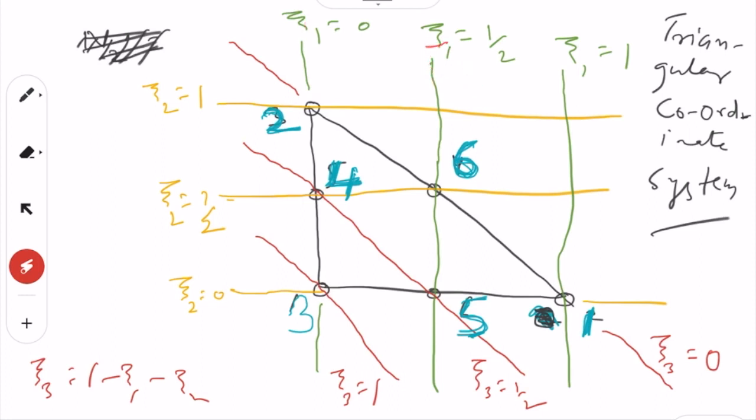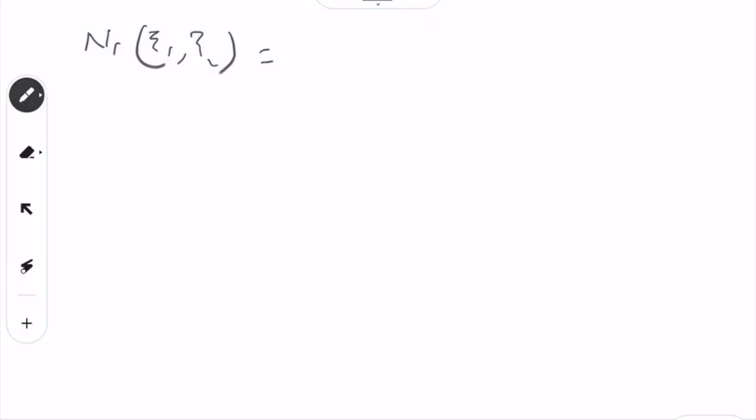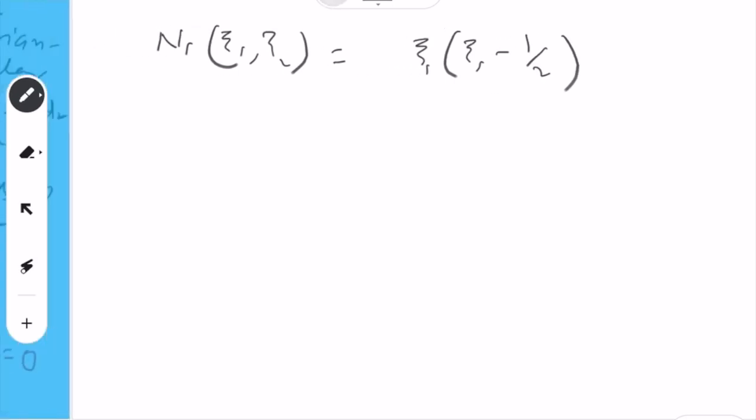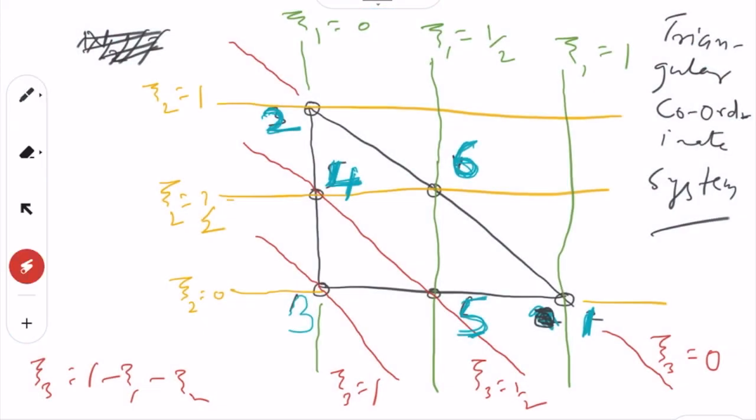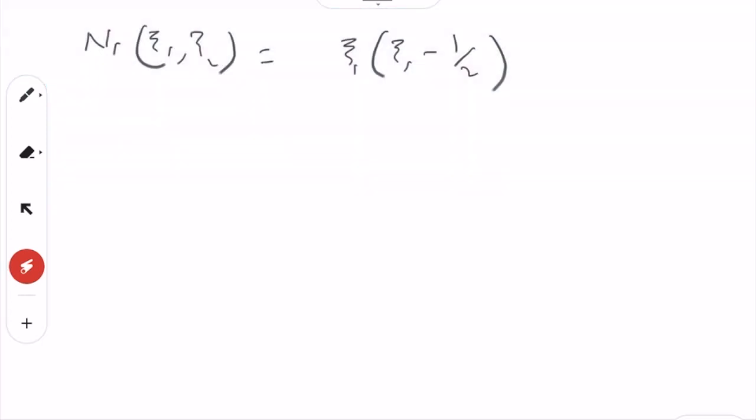So this will be equal to xi1 and xi1 minus half, but when xi1 equal to 1, like this one which has only one node, then the value should be 1. So put xi1 here, we have 1 multiplied by minus half, so it becomes minus half. So that it becomes 1, we have to multiply by minus 2.